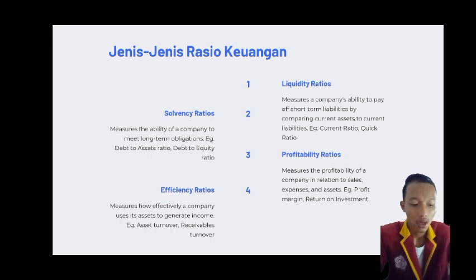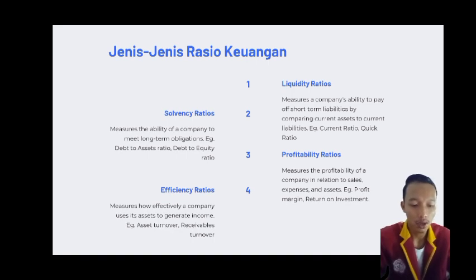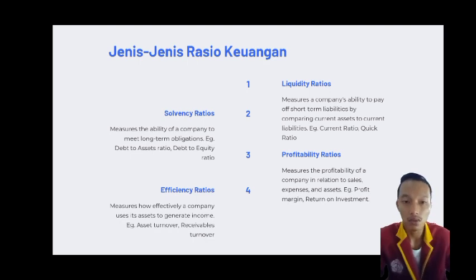Point number 3, profitability ratios. Profitability ratios measure the profitability of a company in relation to sales, expenses, and assets, such as profit margin, return on investment. Point number 4, efficiency ratios. Efficiency ratios measure how effectively a company uses its assets to generate income, such as asset turnover, the inventory turnover.